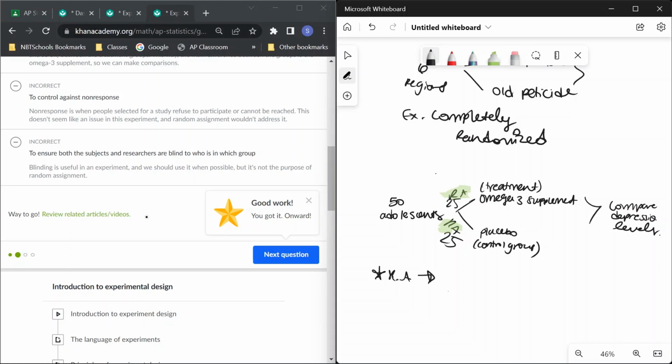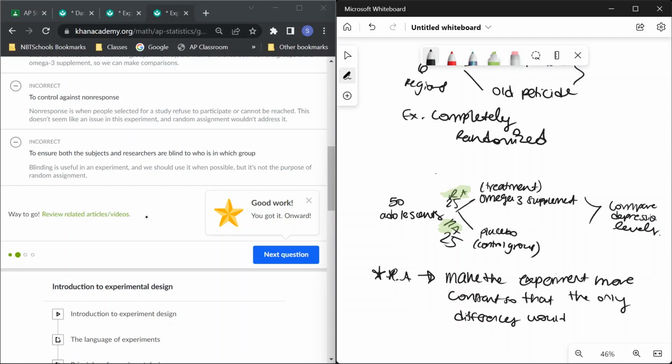So random assignment, the purpose is to improve or to better the similarities between all the variables in the experiment, to make the experiment more constant, so that the only differences would be due to the results and not other confounding variables.